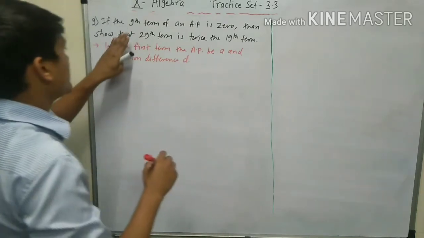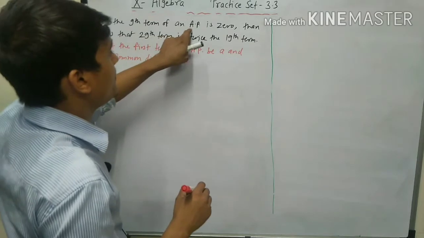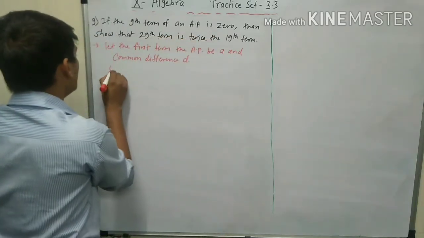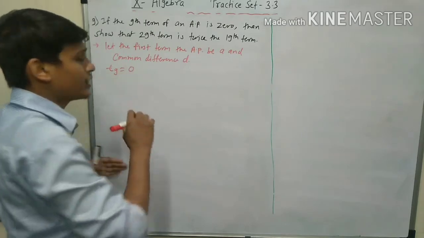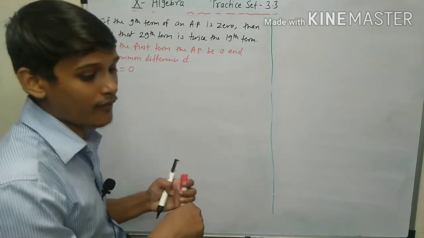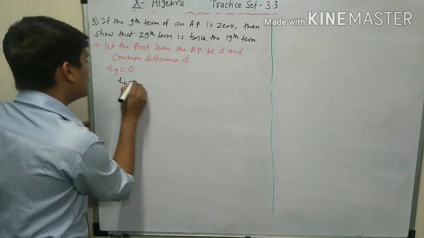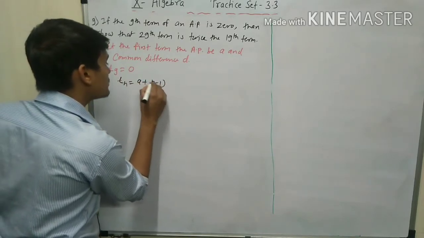Now the question says the 9th term of the AP is 0, means T9 = 0. Now we use the formula. This formula is Tn = a + (n - 1)d.